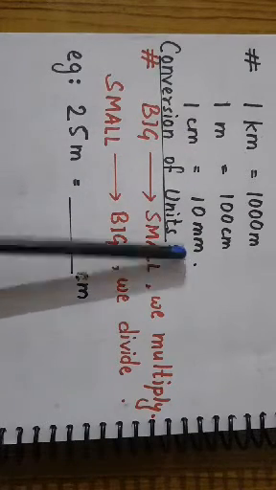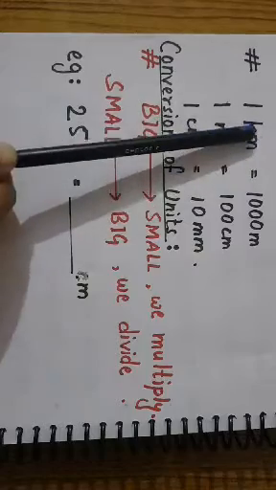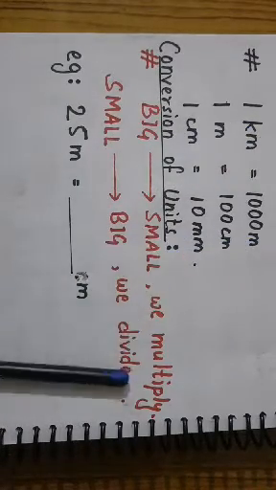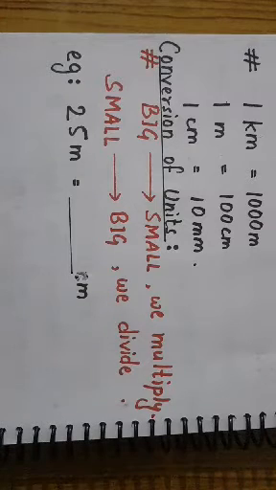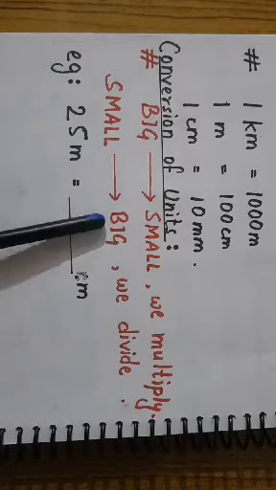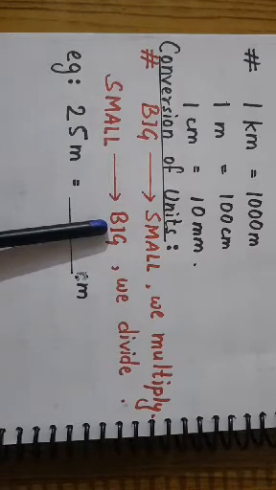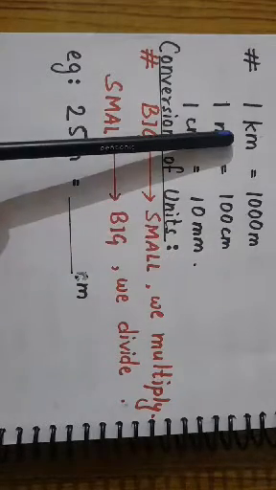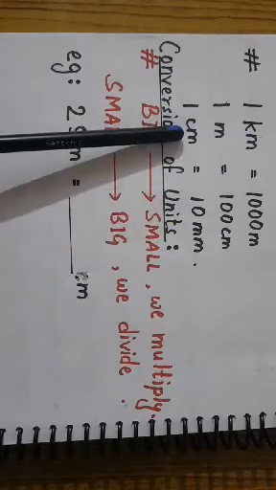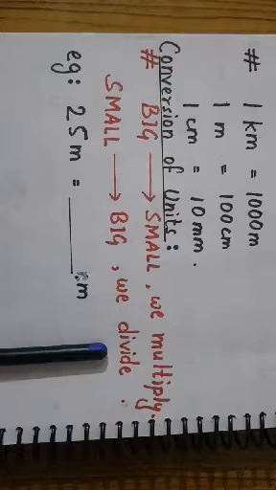So in order to convert into these smaller units, we always multiply. And when we convert the smaller unit into bigger units, like meter into centimeter or centimeter into meter or millimeter into centimeter, then we'll divide.